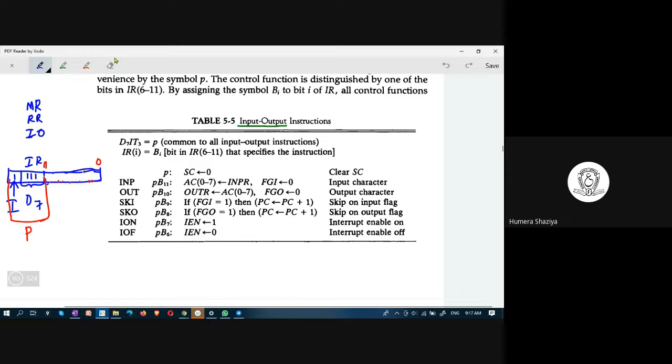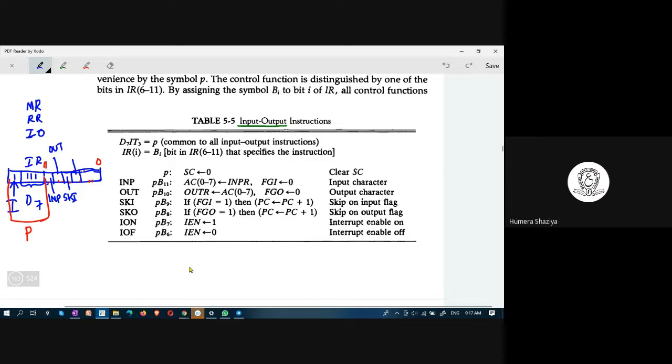This is 11th instruction. Here you have INP. Then this is 10th instruction. What is 10th instruction? Output. OUT. What is ninth instruction? Skip on input flag. SKI, which is skip on input flag.